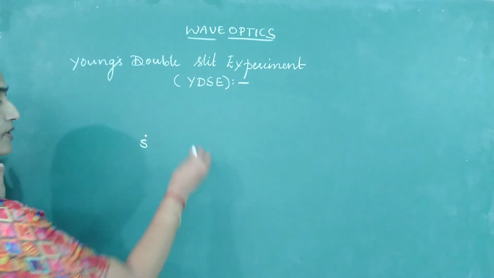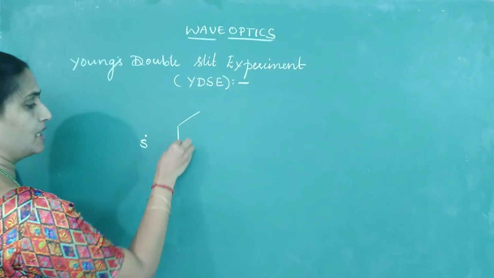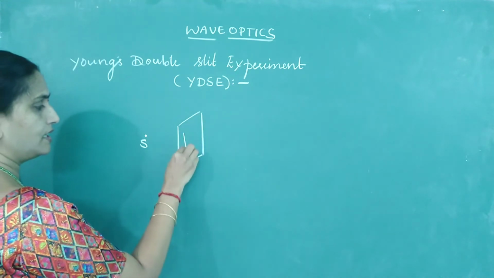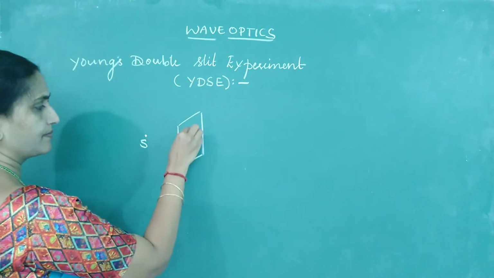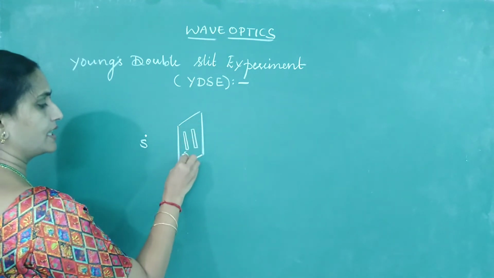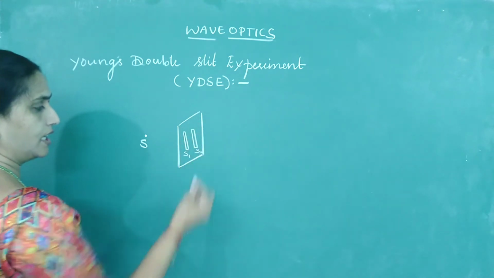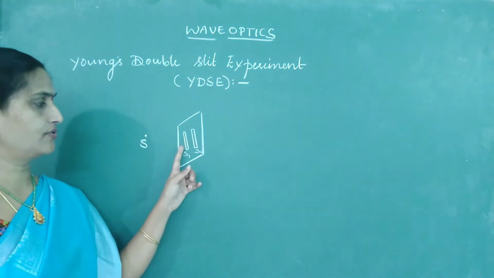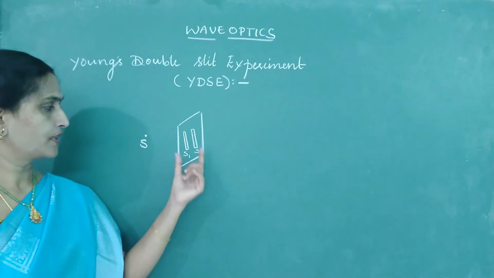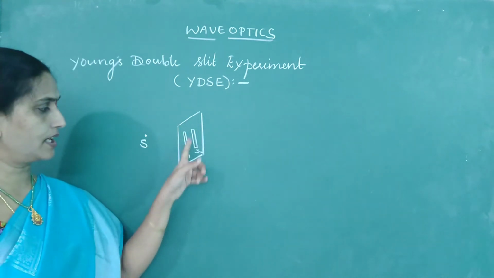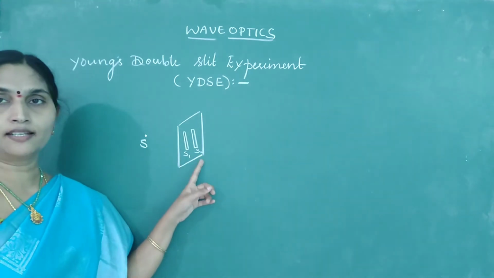Light coming from this source is made to pass through a cardboard containing two vertical slits. I'll call these S1 and S2. The source of light is placed equidistant from S1 and S2. So S1 and S2 is a cardboard containing two slits.